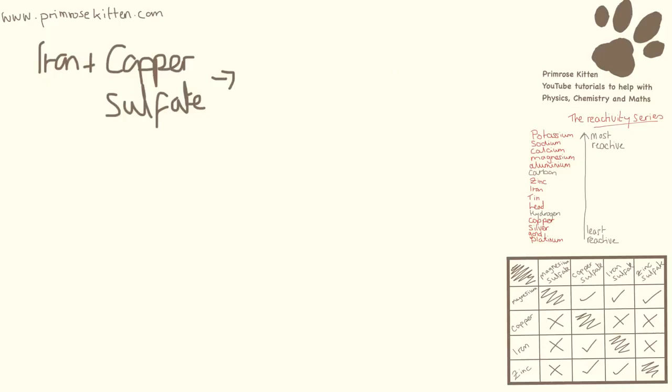When we reacted the iron with the copper sulfate, exactly the same sort of thing is going to be going on. We are going to end up with iron sulfate and copper.